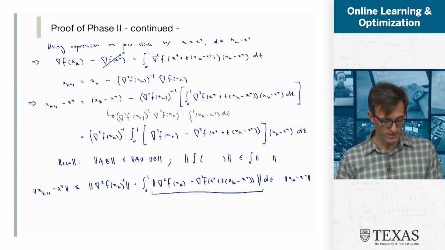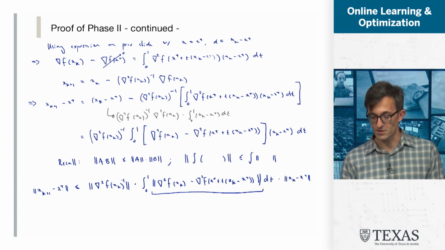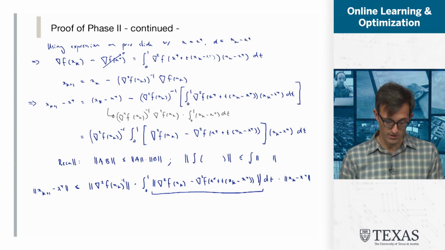Writing out what's inside, we've got xk minus t xk and x star minus t x star. So the difference between xk and x star plus t times xk minus x star is just 1 minus t times xk minus x star.